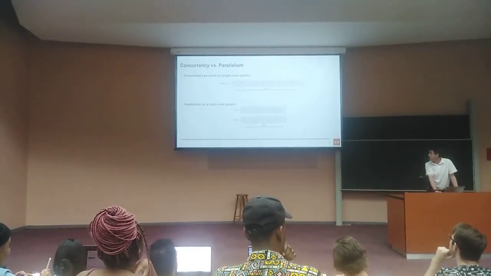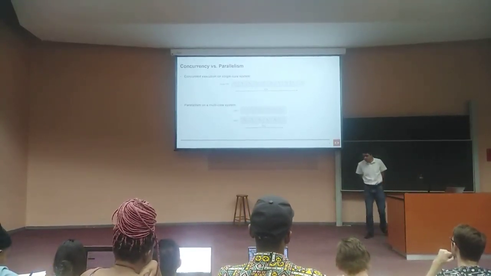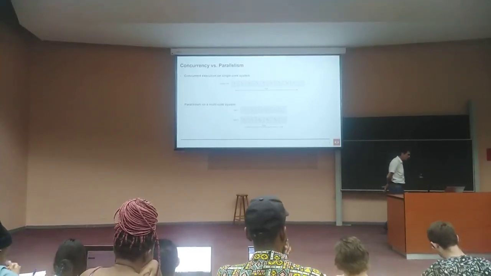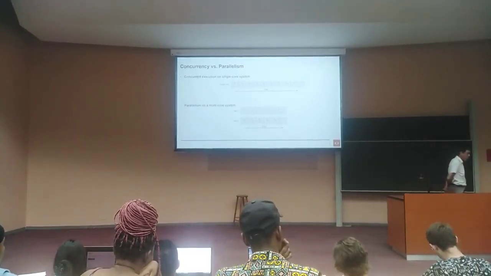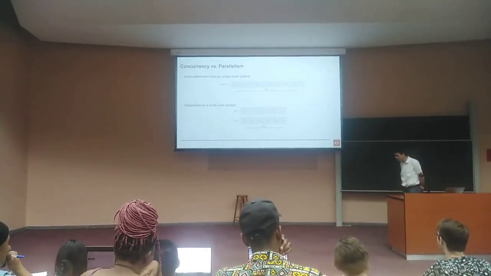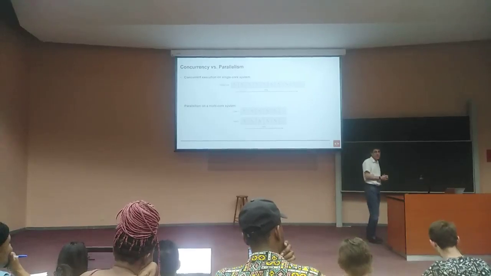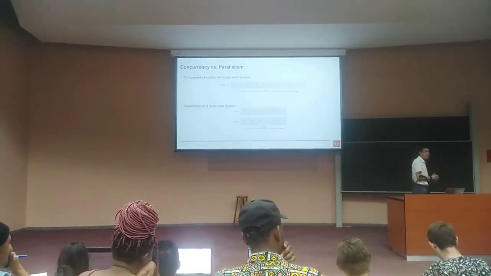You have to understand the difference between concurrency versus parallelism. Concurrency is where we describe the principle that we can run multiple threads concurrently, but what it actually means is that each thread gets a bit of a time slice on the processor.